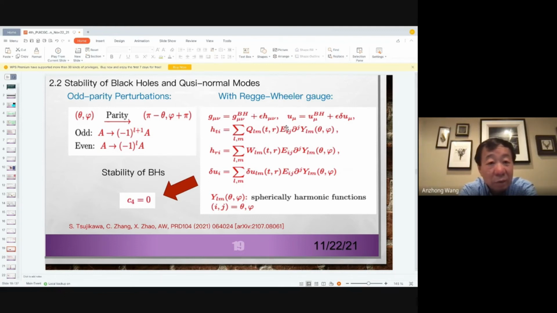After that, we consider odd parity perturbations. We know the linear perturbation can be divided into odd or even parity perturbations.